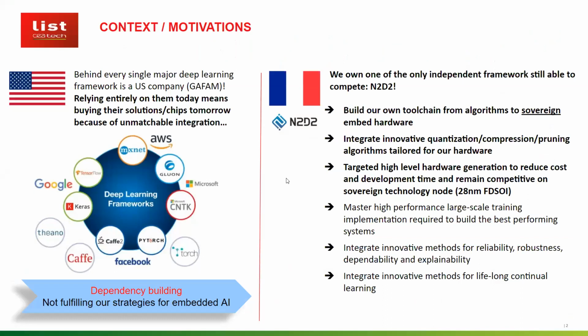So our context and motivations are listed here. As you know, and this is not a surprise, behind every single major deep learning framework, development and breakthrough, for the moment those are US companies which belong to the GAFAM group, and relying totally on them means that we would buy their solutions and chips tomorrow, because we cannot integrate their code on different systems.